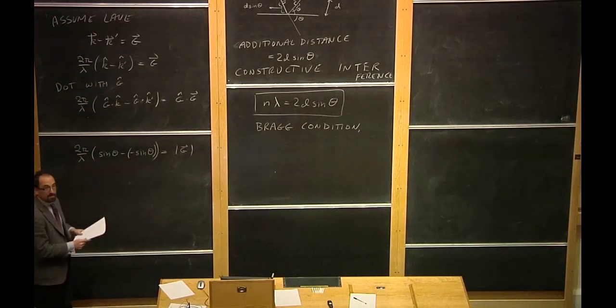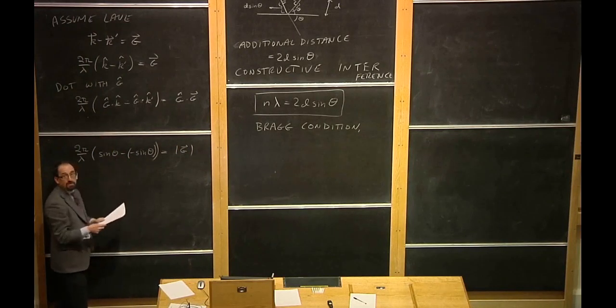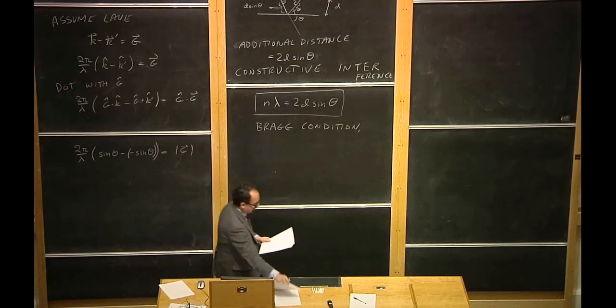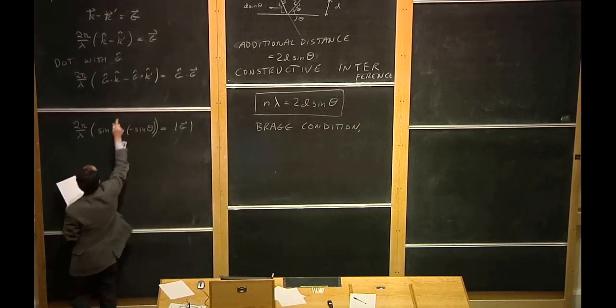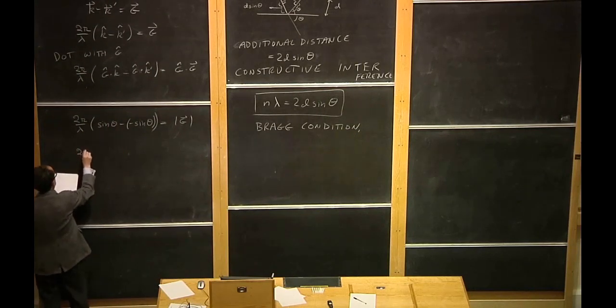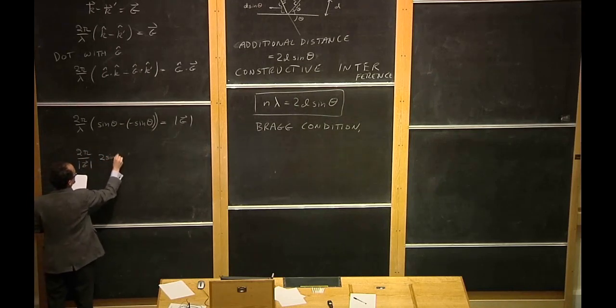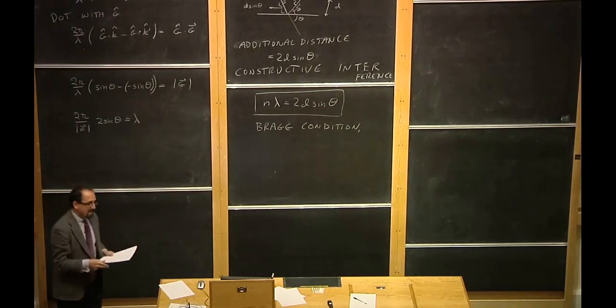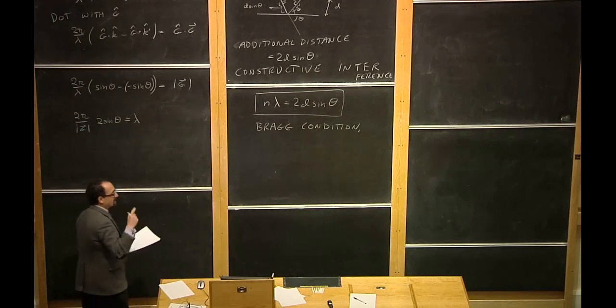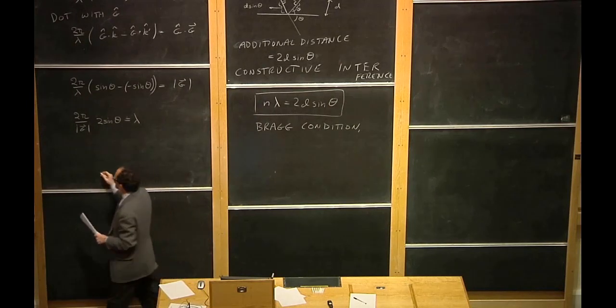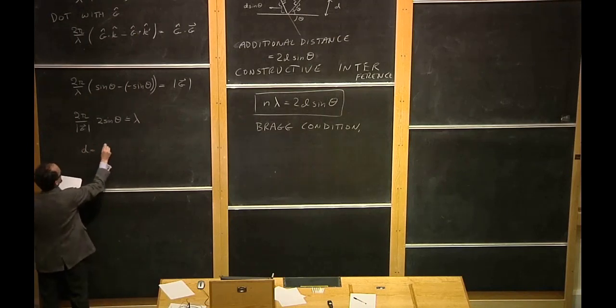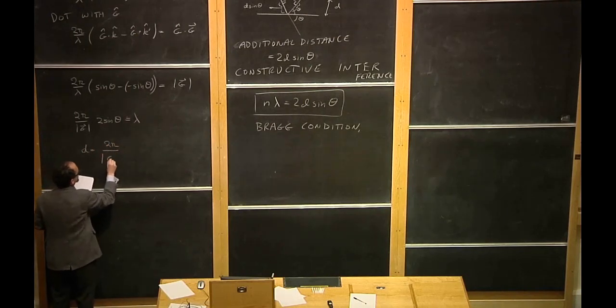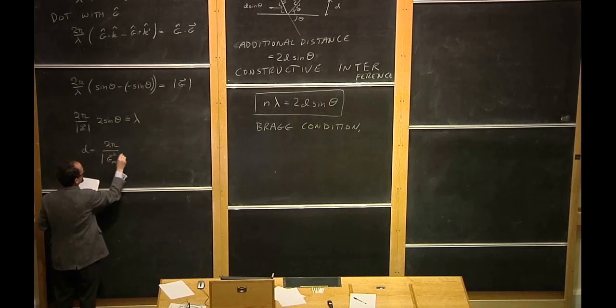Everyone still happy? Okay, so just a little bit of rearrangement. This becomes 2 pi over the absolute value of G vector times 2 sine theta equals lambda. And now remember what we derived last time about reciprocal lattice vectors. The spacing between lattice planes, d, is 2 pi over the shortest reciprocal lattice vector in a given direction, G min.